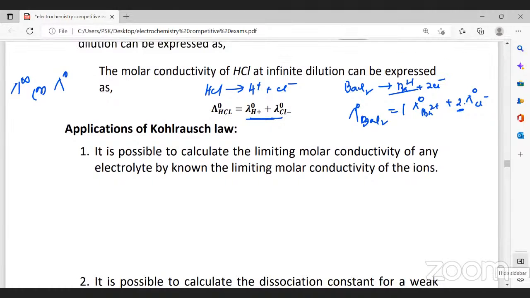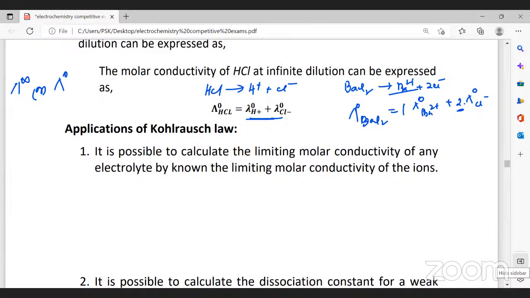Now, what are the applications of Kohlrausch's law? It is possible to calculate the limiting molar conductivity of any electrolyte by knowing the molar conductivity of the ions.